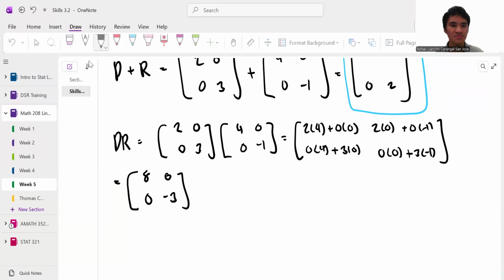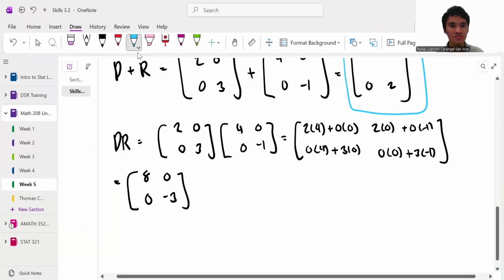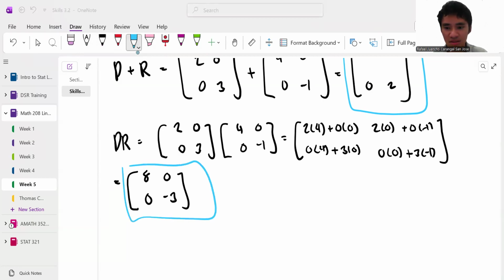And we're done. Let's see. 8, 0, 0, negative 3. Now we check and we got them.